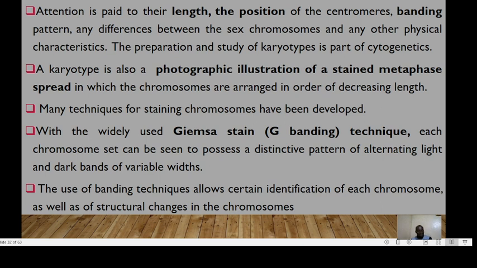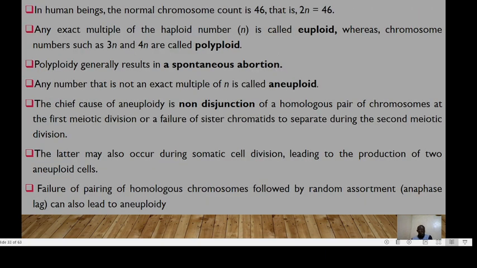The use of these banding techniques allows certain identification of each chromosome as well as of structural changes in the chromosomes. In human beings, the normal chromosome count is 46.